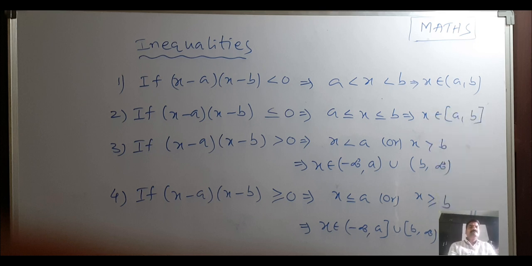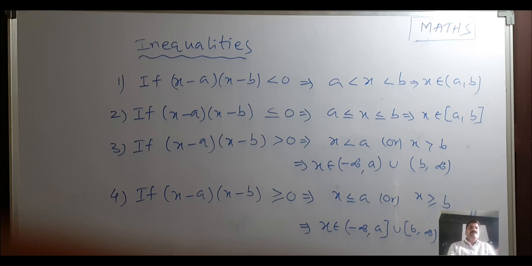While solving quadratic inequalities, the concept is exactly about the sign of the quadratic expression. You know the entire quadratic expression can be written as a product of two linear factors.